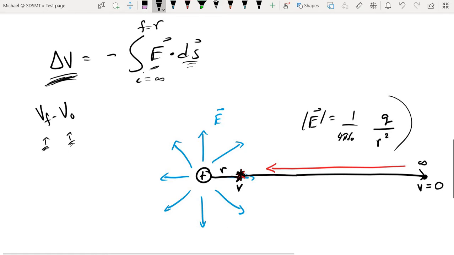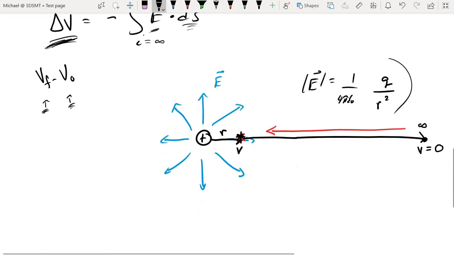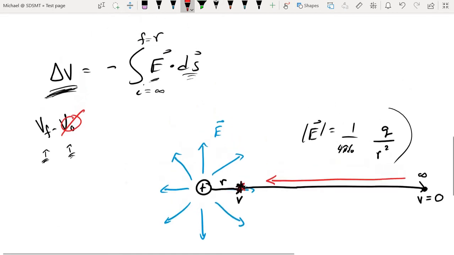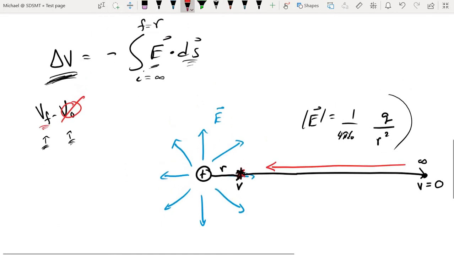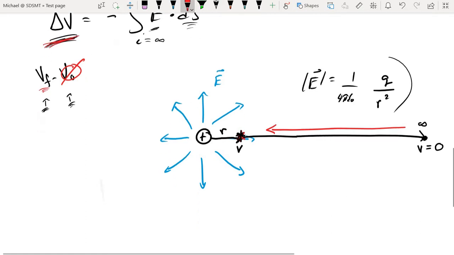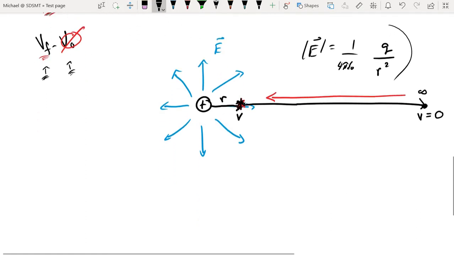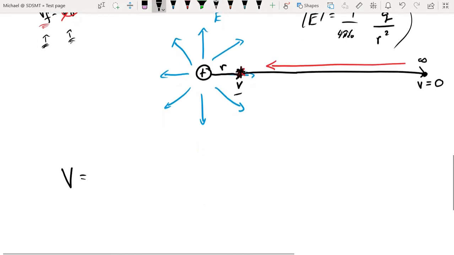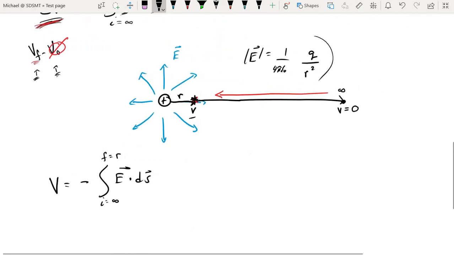Okay, so all of this now has to go into our expression. We've already argued that the initial potential should be 0, and so all that's left is V final, but that's the potential value that I want to measure at the distance R. So we now have V equals negative, I want to write all this stuff out before I say anything else there.